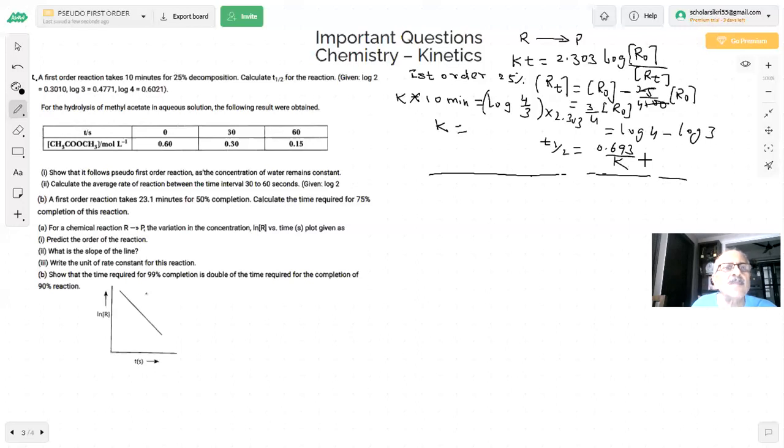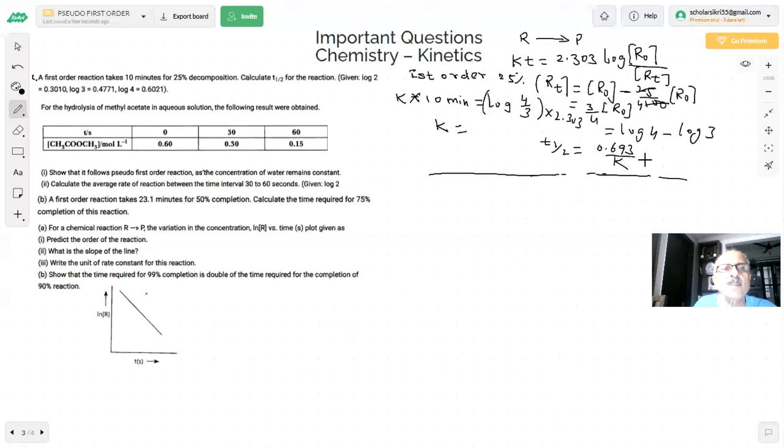Here it says, for the hydrolysis of methyl acetate in aqueous solution, the following results were obtained. This is the time in seconds: zero time, 30 seconds and 60 seconds. And these are the values in mole per liter.